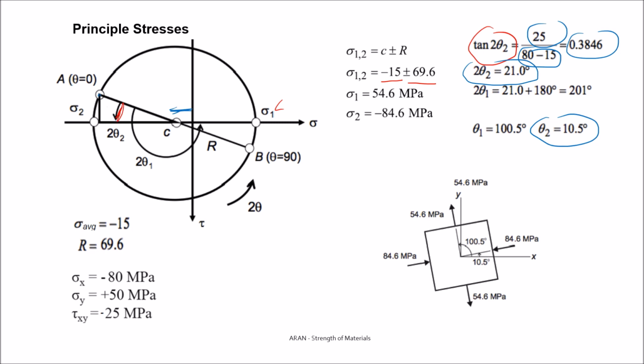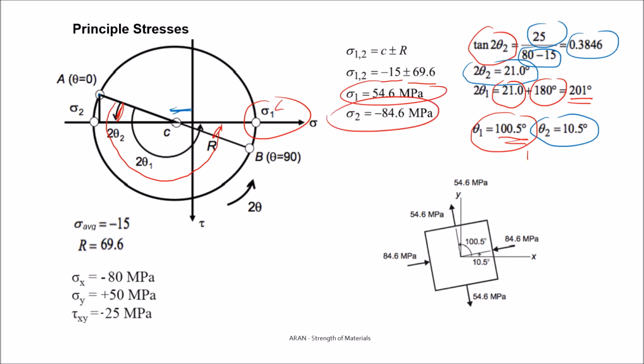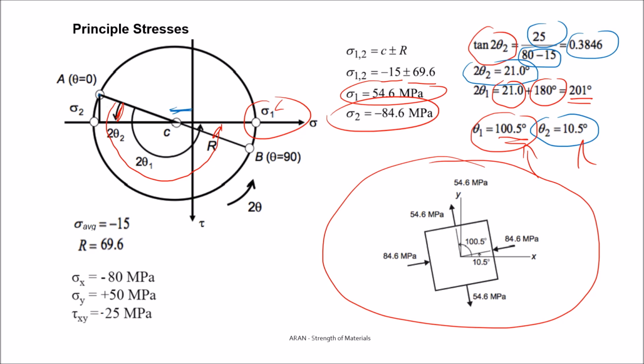So for sigma 1, to find the orientation, I have to add 180 plus 25 and that makes 201, divided by 2, that is an angle of 100.5. Having the values and having the angles, I can draw the new element. So this X and Y is my reference plane.